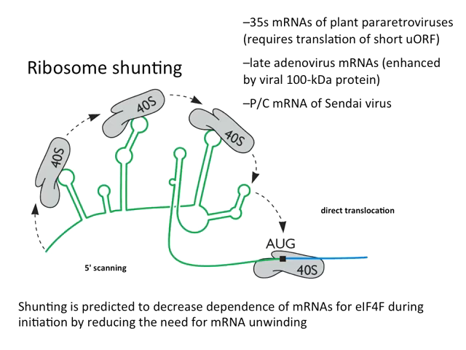So this is observed to occur in the mRNAs of a couple of different viruses: a plant virus, an adenovirus, and Sendai virus. And we think one of the reasons why it occurs is that it's predicted to decrease the dependence of mRNAs on EIF4F. Now, EIF4F is the whole complex of EIF4A, 4G, and 4E at the 5' end of the mRNA.